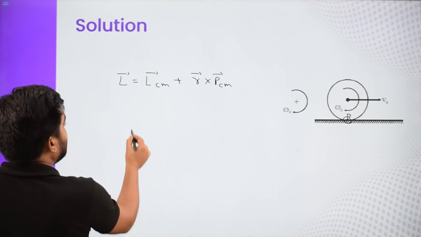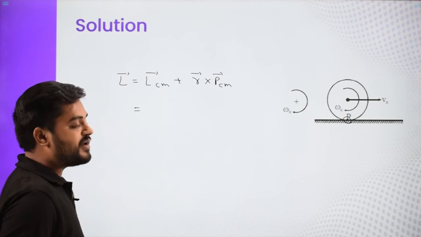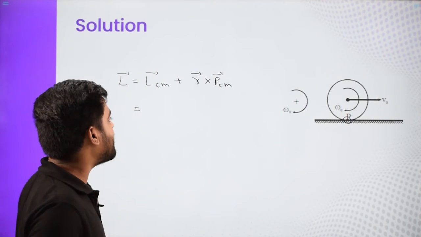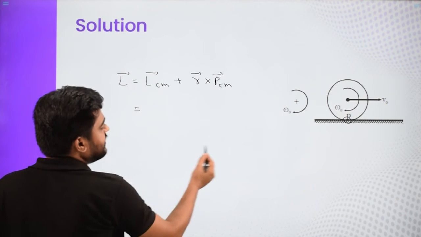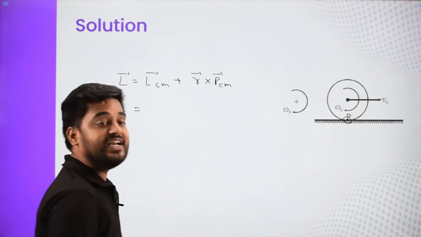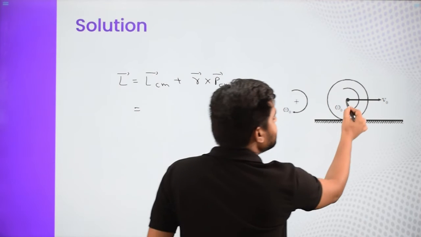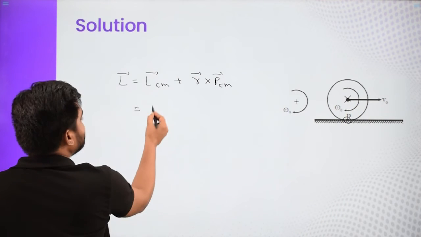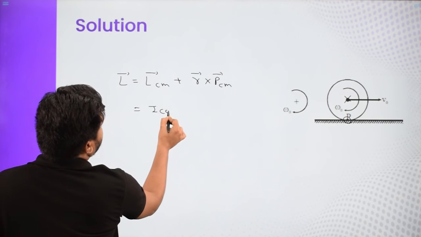LCM, the angular momentum about the center of mass, is ICM into omega.